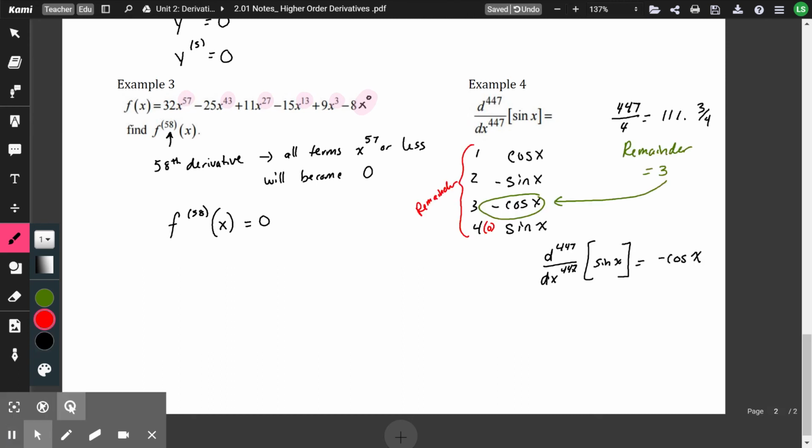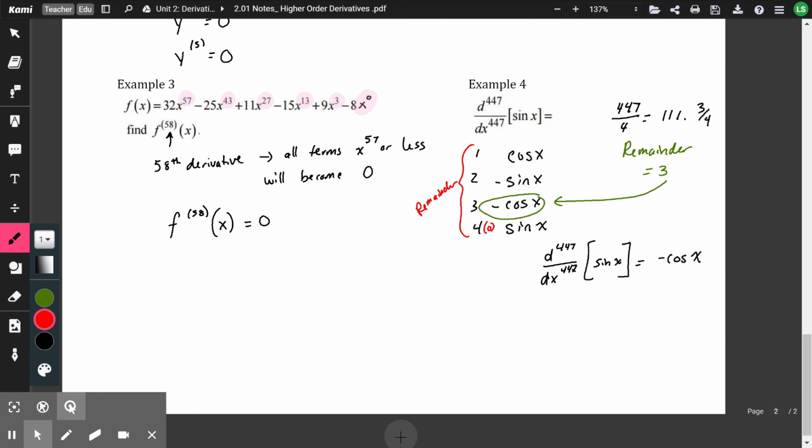Now, when it comes to the trig function sine of x, we know that it always follows the same pattern. The derivative of sine will be cosine, derivative of cosine is negative sine, which becomes negative cosine, and negative cosine becomes positive sine again. So that means every 4 derivatives, we repeat the trig function that we have.